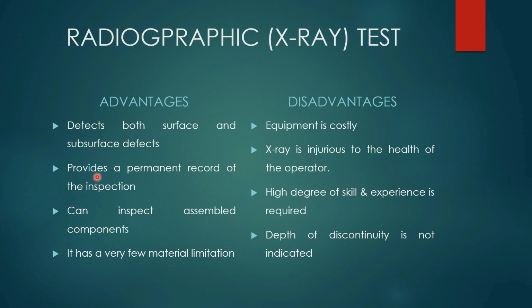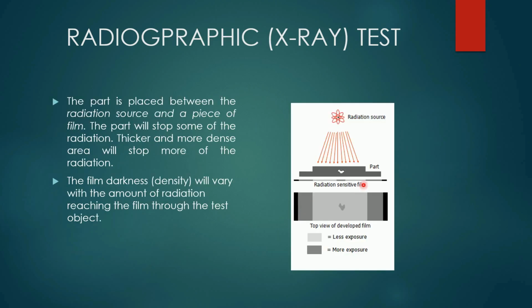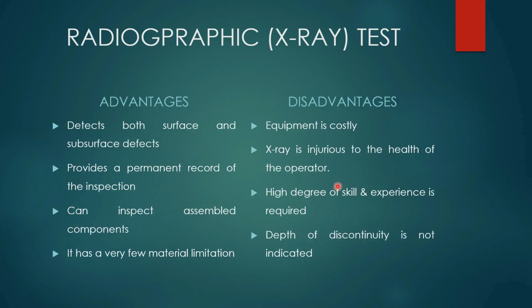Point number 2, it provides a permanent record of the inspection because it is recorded on this particular film. So it will be a permanent record. It can inspect assembled components. And last point, it has very few material limitations.